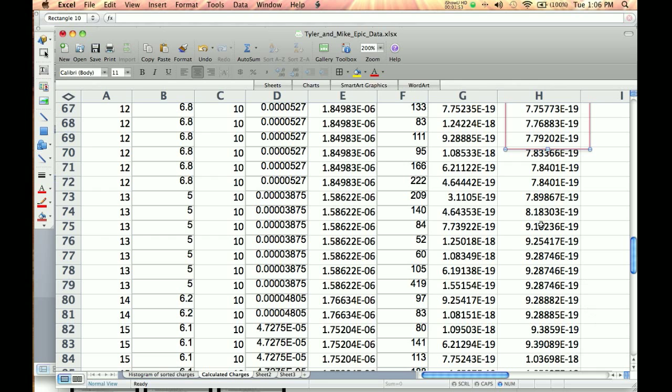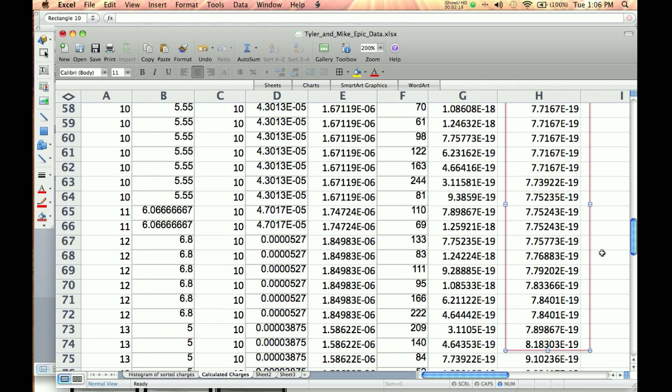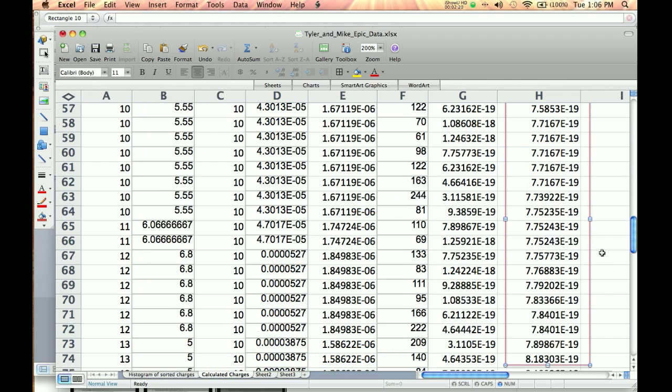Oh, 9.10, that's definitely a step. 8.18. Let's go back and see if we can figure this out. That could be the 8.18. Definitely this one is the 9.10, this guy is the 8.18, and then I want to include this guy, which is the 7.38 one. So let's take a look. Yeah, we got it.